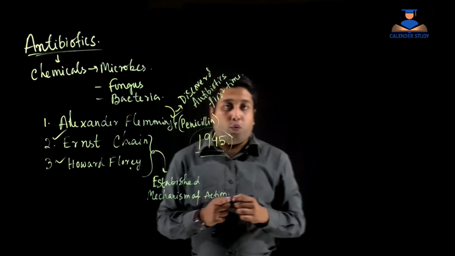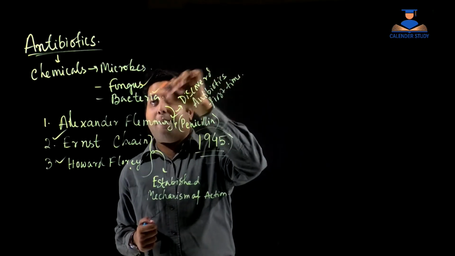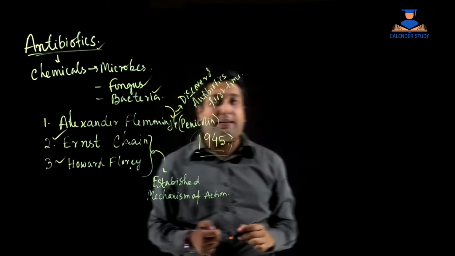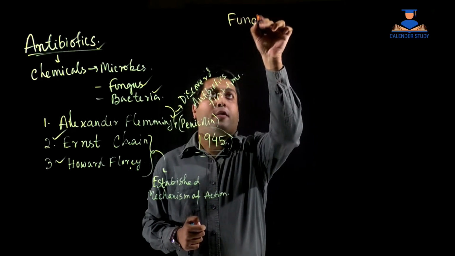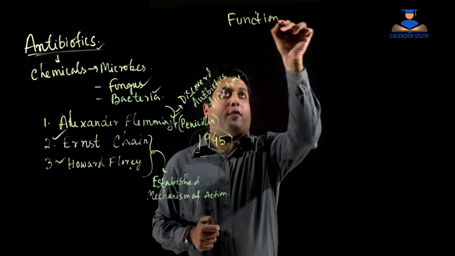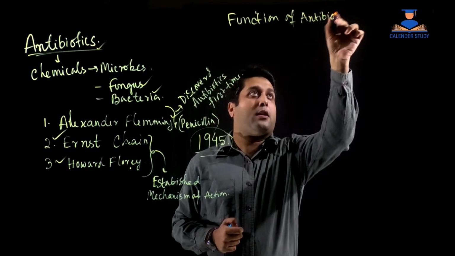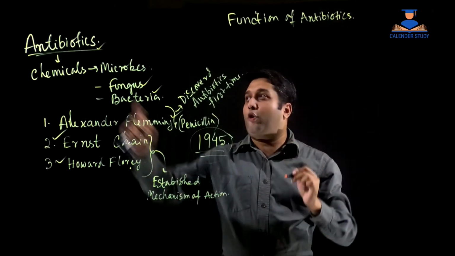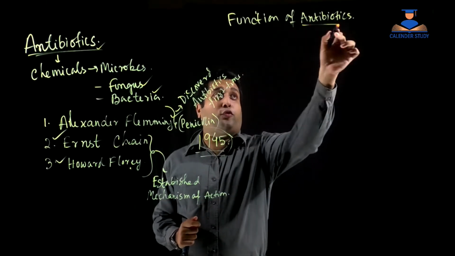Now we have to understand why these organisms, fungus and bacteria, secrete antibiotics. So, the functions of antibiotics inside the body of the fungus and bacteria. Here it performs two functions.